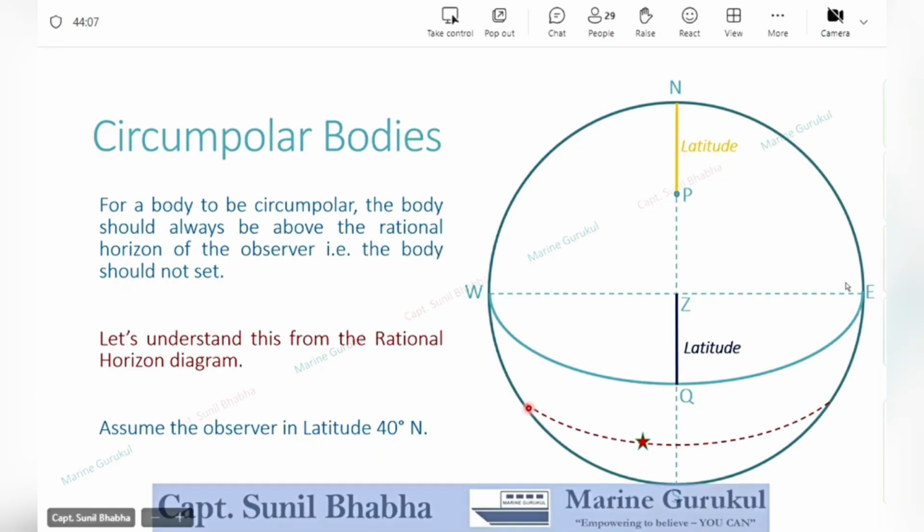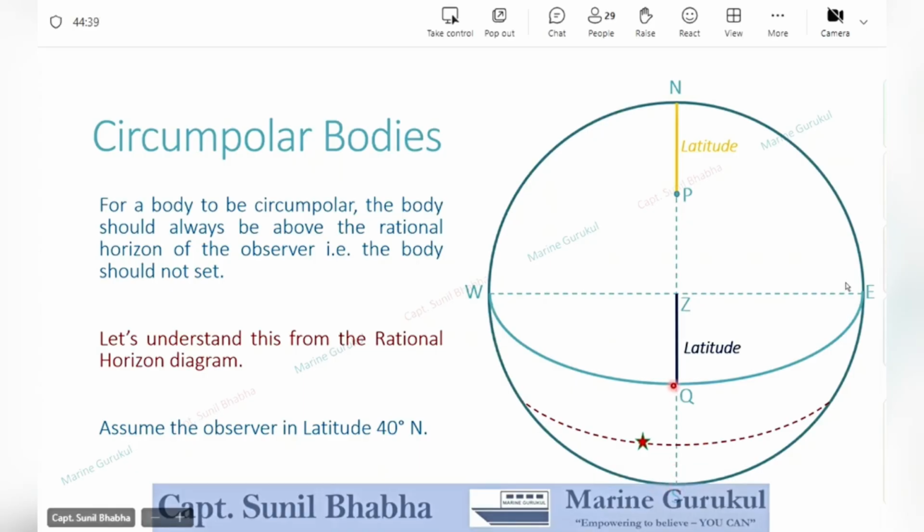And we can see here that this body is certainly not circumpolar, because at this particular point it is going to go below the horizon of the observer. Now you could have picked up a body of any southerly declination lying between Q and S points, and you will see that all those bodies' declination circle will hit the western horizon at some point, making that body go below the horizon.